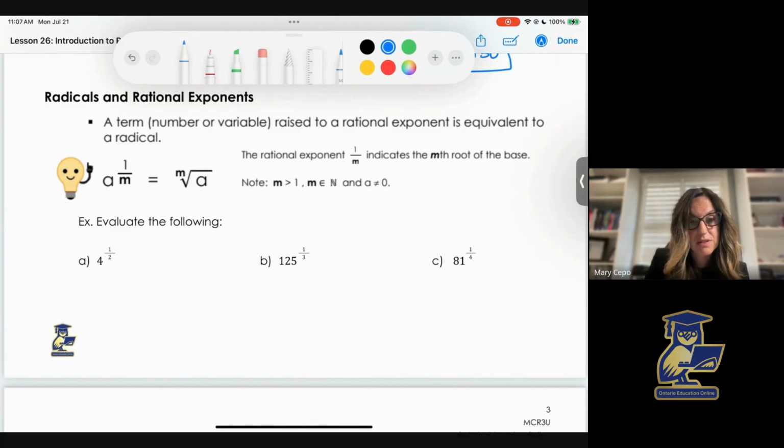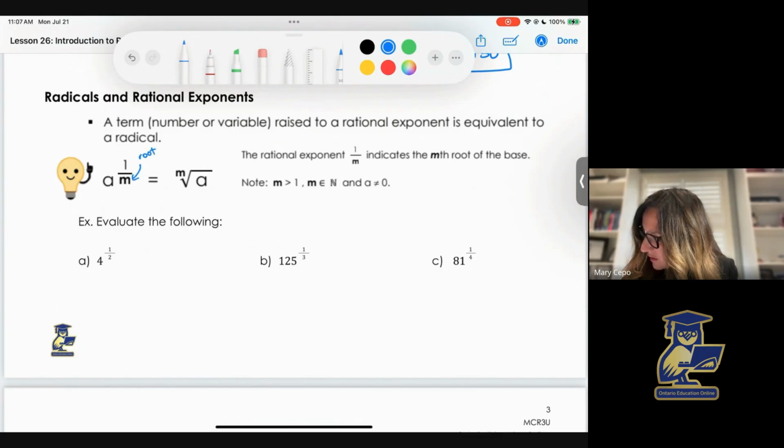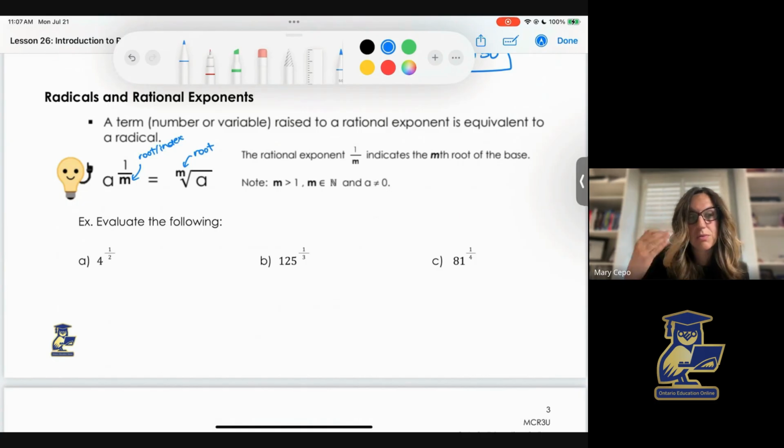Note, m has to be greater than 1, m is an element of natural numbers, and a cannot equal 0. Okay, so notice this is our root slash index value. Because the exponent is rational, that means a fraction, the denominator represents the root of your radical.